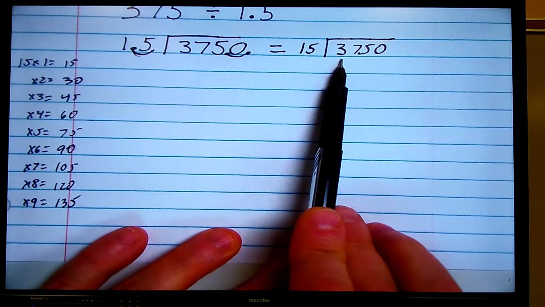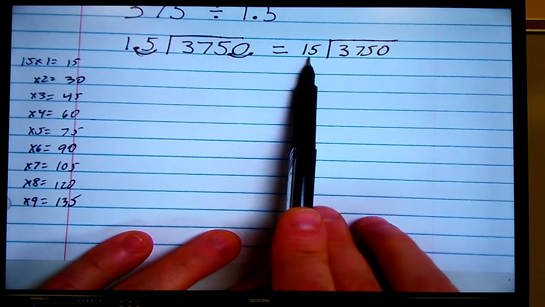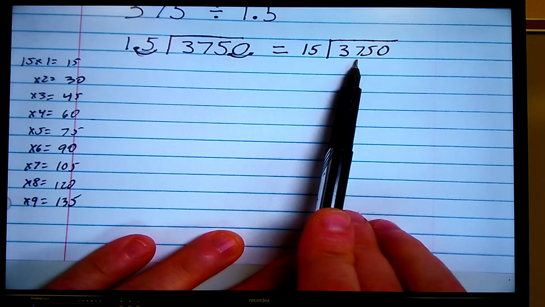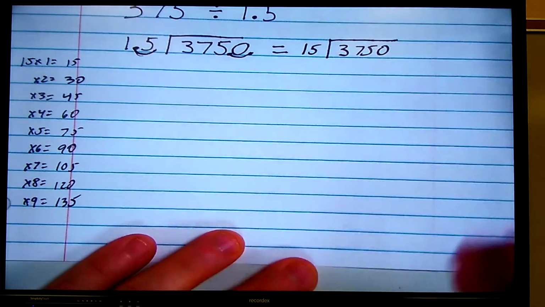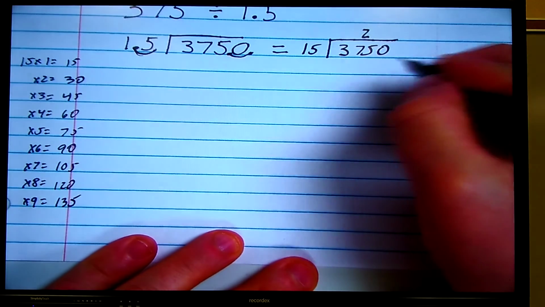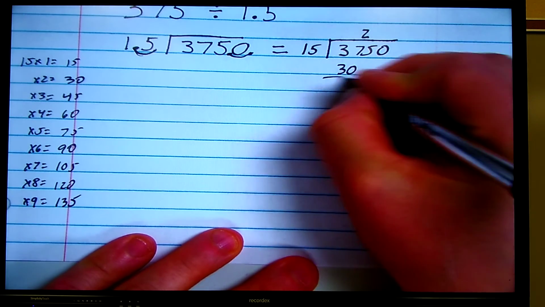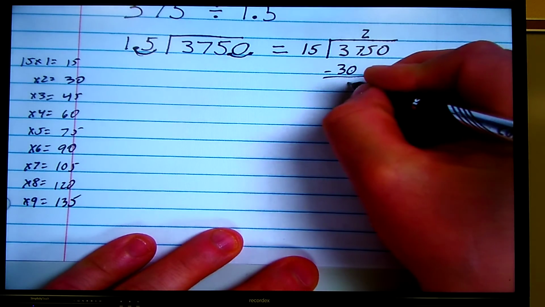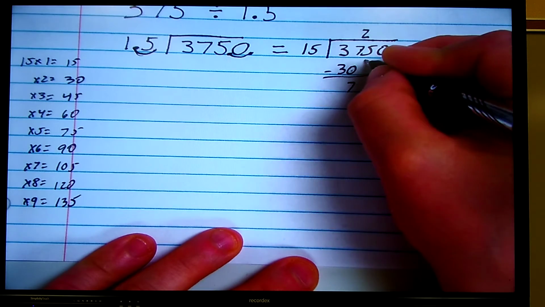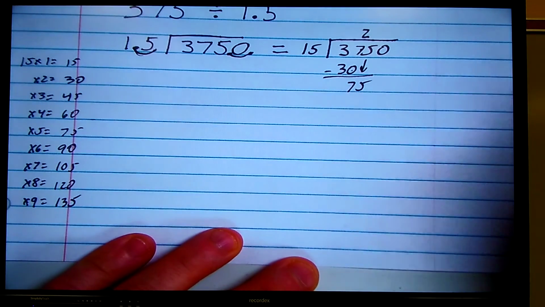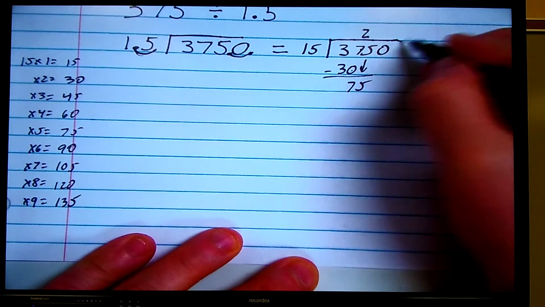15, can it go into 3? No. 15, can it go into 37? Yes. How many times? 2 times. 2 above the 7. 2 times 15 is 30. Subtract. 7 minus 0 is 7. 3 minus 3 is 0. Bring down the 5. 15, can it go into 75? Yes, it can.